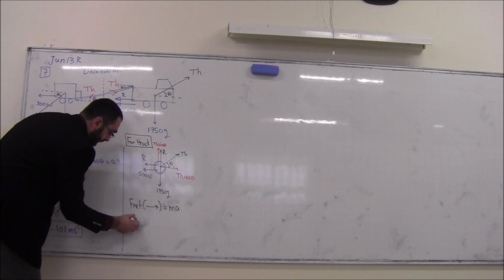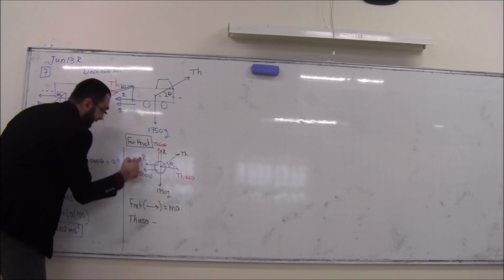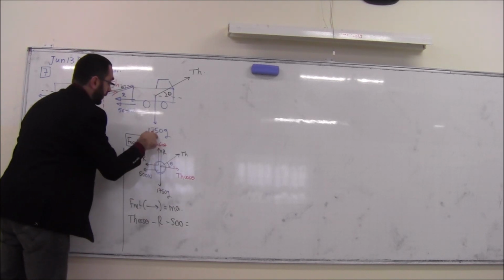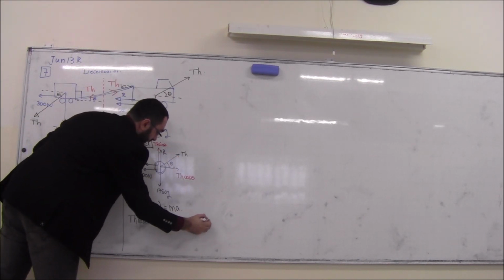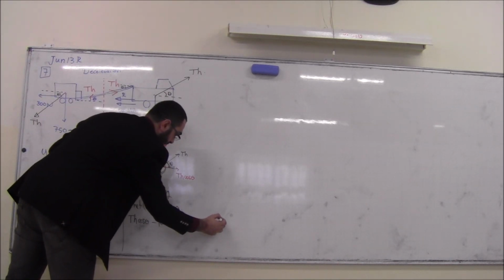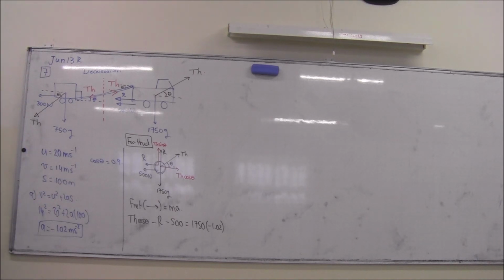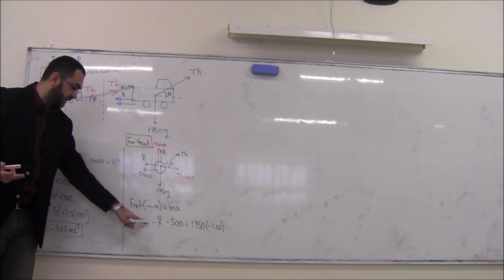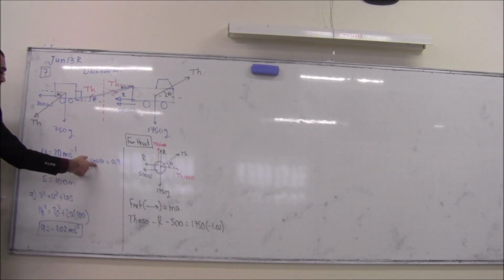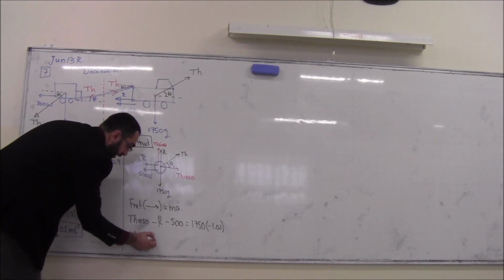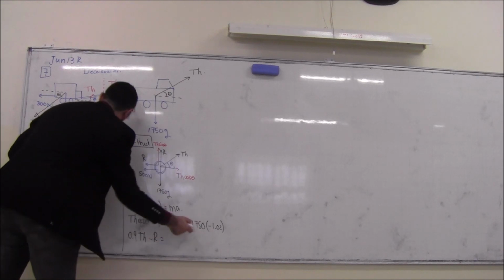Thrust cosine theta minus R minus 500 equals 1,750 times the deceleration, which is minus 102. How many variables here? 2. Thrust and R. Cosine theta is 0.9. So 0.9 thrust minus R equals. Move this here.